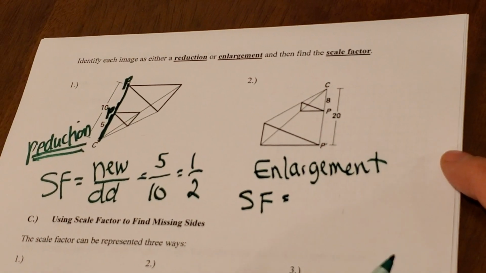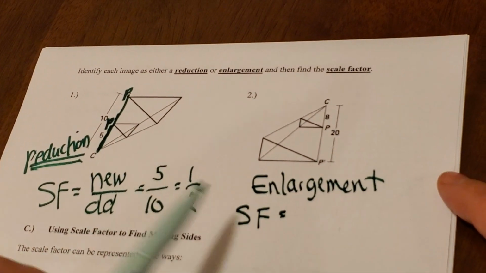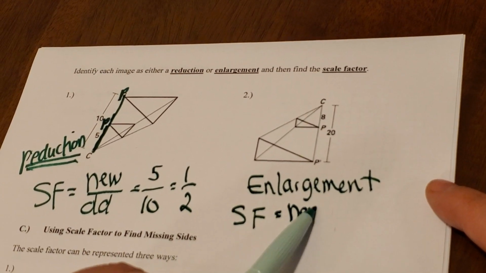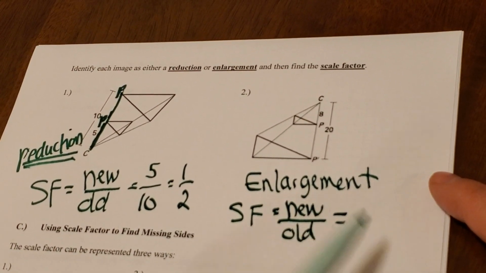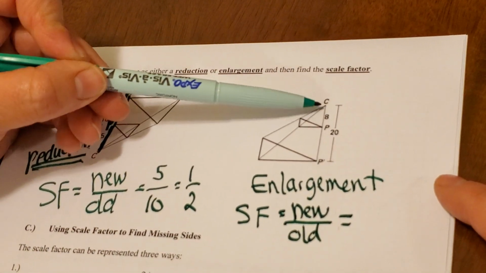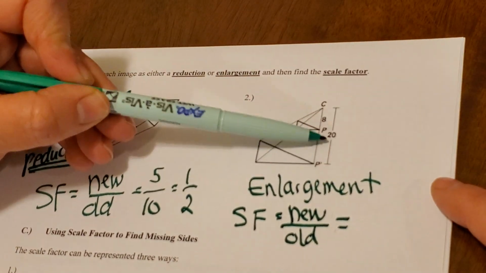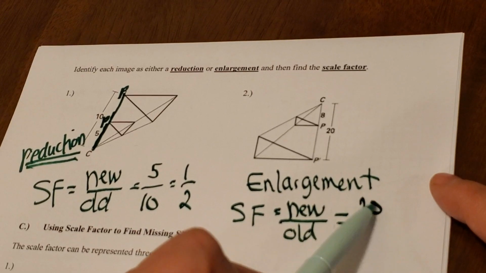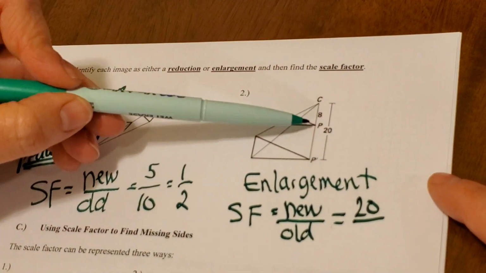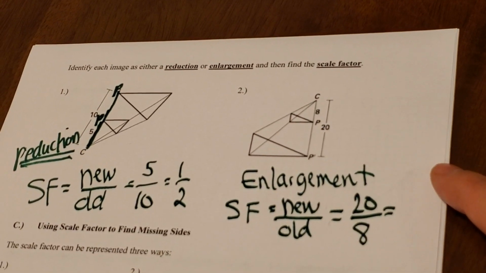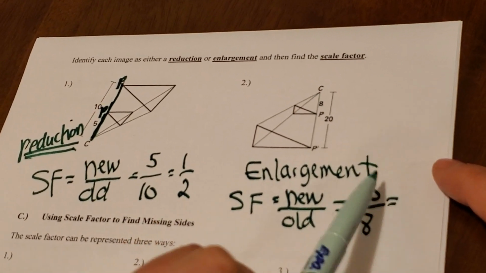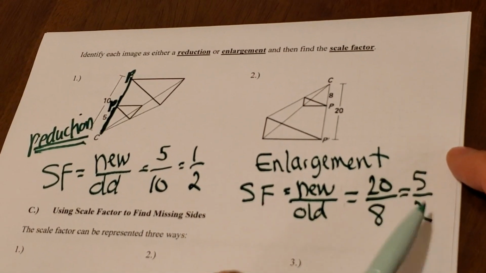Remember, it's really important when you find the scale factor that you always do new over old, or P prime over P. So the length for P prime is 20 over the length for P, which is 8. And 20 over 8 reduces to 5/2.